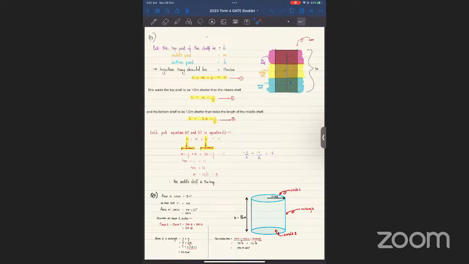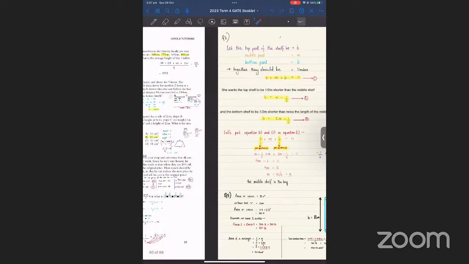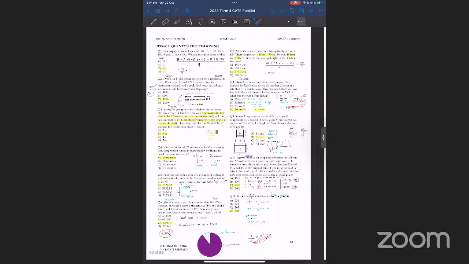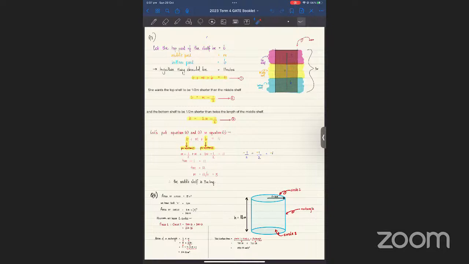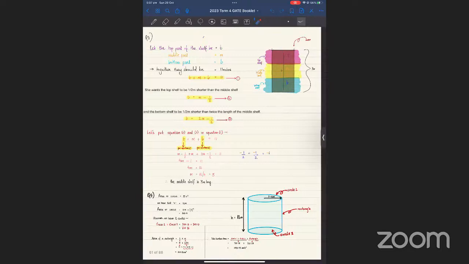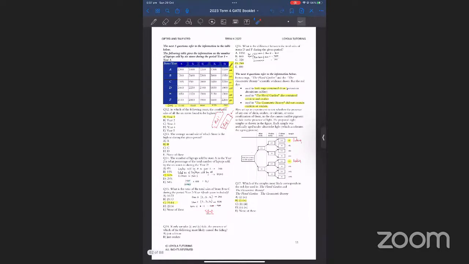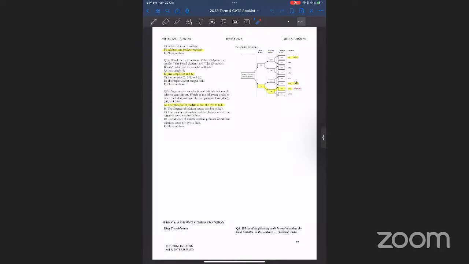Could you scroll for all the other notes that you have so we can take screenshots for those as well? Of course. Here you go. Here's 1 to 11.